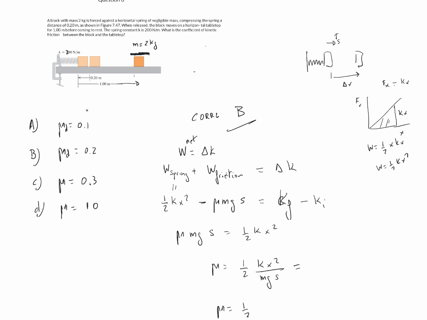Then this problem says like this. First of all, you make a force to store energy on the spring. So you make an external force, and you store an amount of energy, 1/2 kx squared.